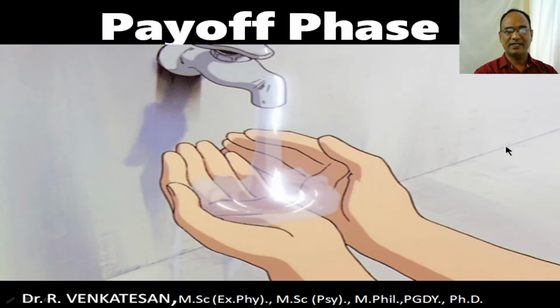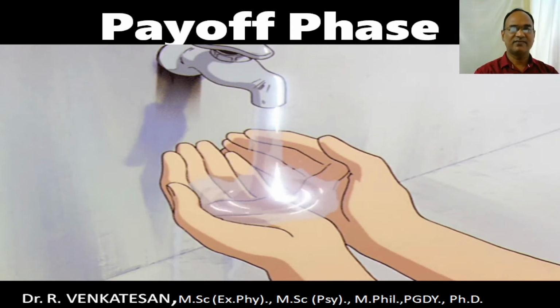In the payoff phase, we are going to receive 4 ATP molecules by investing 2 ATP in the investment phase. For every business, we have to spend something, process it, and finally you get some return. Same as in the investment phase, we spend 2 ATP molecules to initiate the glycolytic process.